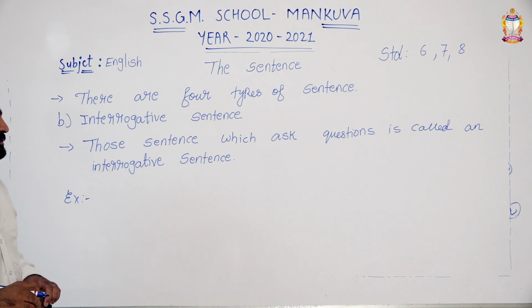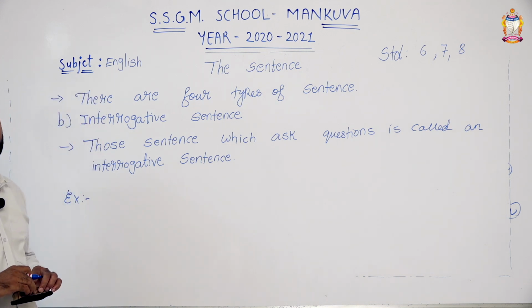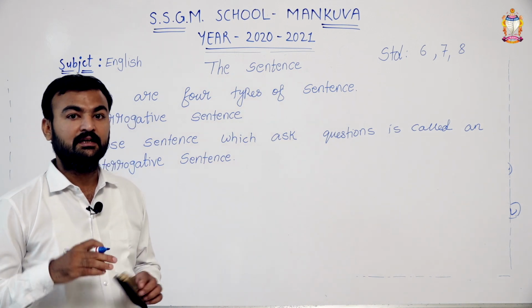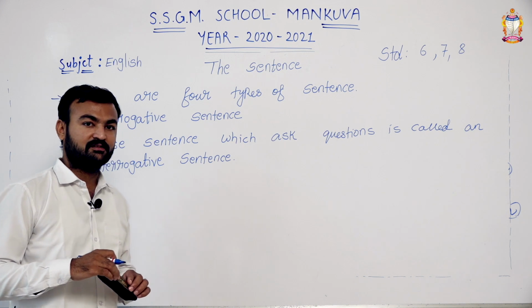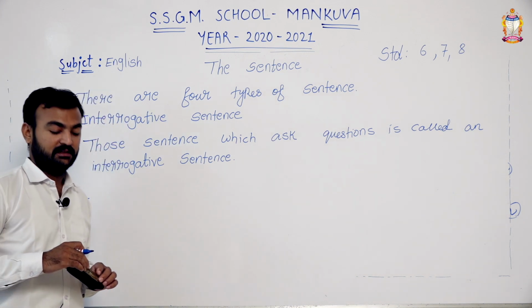The sentence which asks questions is called an interrogative sentence. यानी कि यह क्वेश्चन सेंटेंस में हम किसी को क्वेश्चंस यानी कि प्रश्न पूछ सकते हैं. So it is called an interrogative sentence.